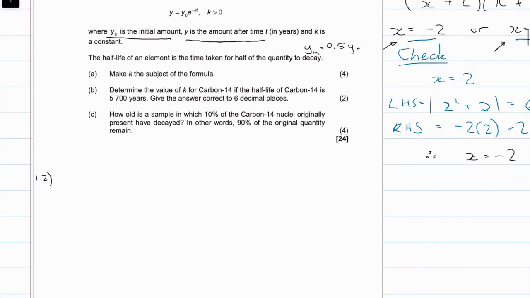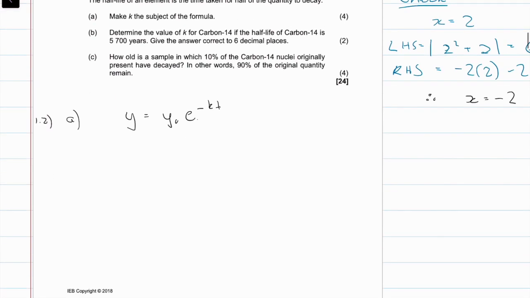So question A says make k the subject of the formula. Okay, so we're going to start off with y is equal to y naught e to the minus kt. I'm just going to rearrange this initially. So I'm going to say e to the minus kt is equal to y over y naught.